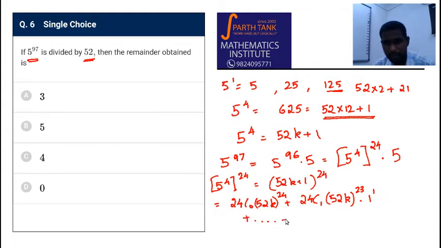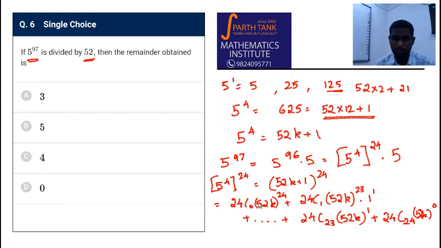Likewise, you can write till the last term, the last but one term would be 24c23, 52k to the power 1 and 1 to the power 23, which you don't write, and then 24c24, 52k to the power 0. Alright, so 52k to the power 24, 52k to the power 23, going on decreasing till 52k to the power 1 and 52k to the power 0.